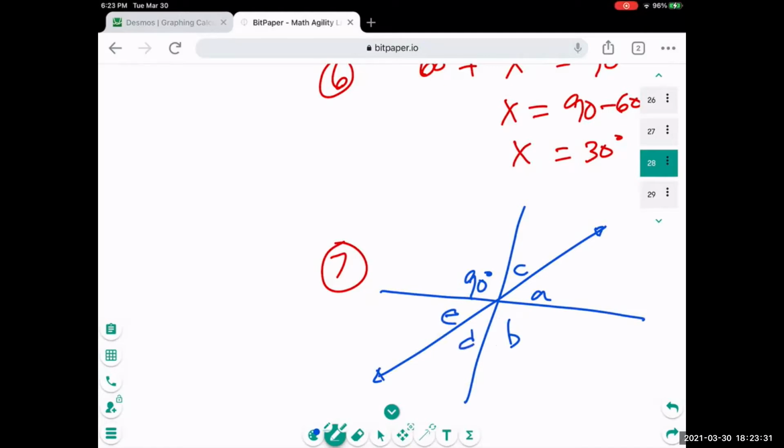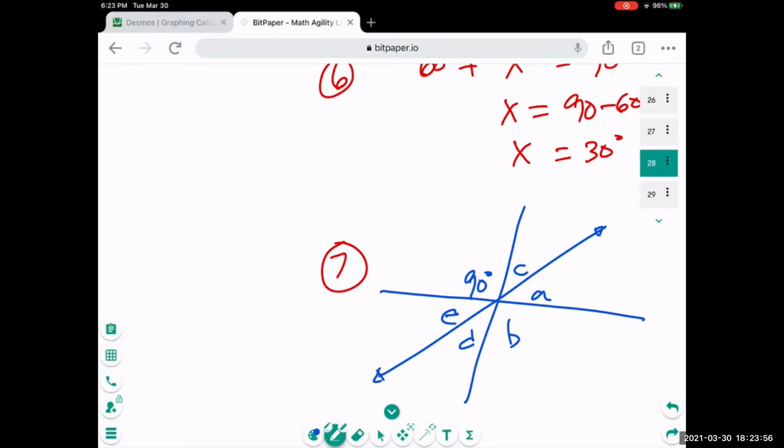In the figure below, the set of complementary angles is, so again, complementary angles mean that when we add them together, the sum should be 90 degrees. So from the choices, it's not A and B because this would be more than 90 degrees.